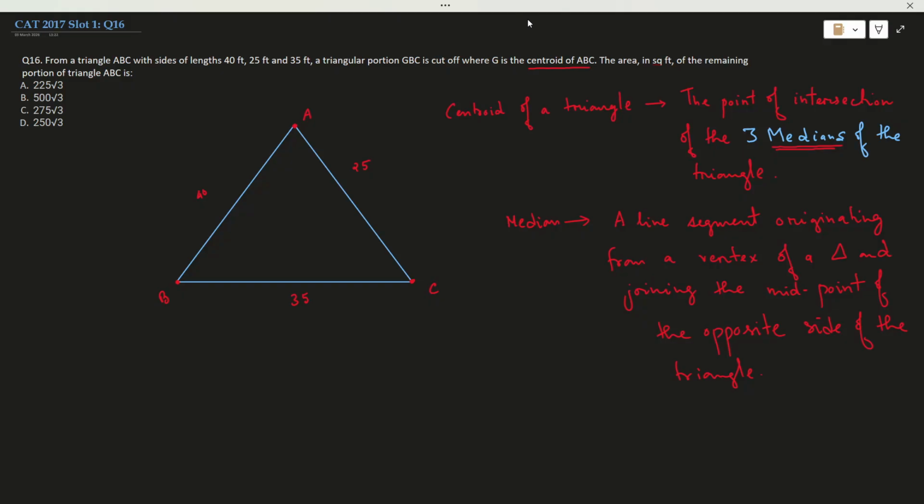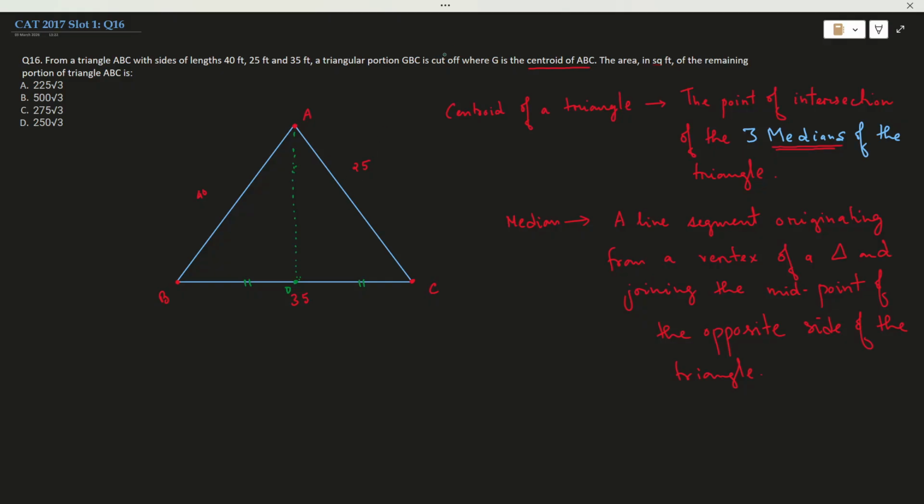So suppose this is the midpoint, let's say this is the midpoint D. D is the midpoint of BC. So this length is equal to this, BD equals DC. So if I join these points A and D, this is a median, AD is the median.